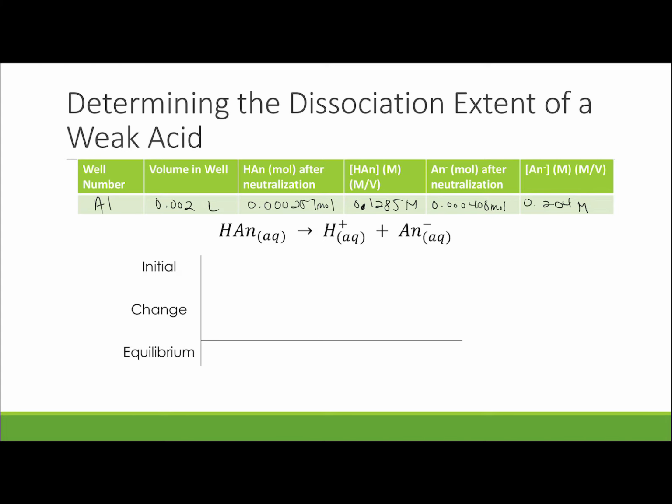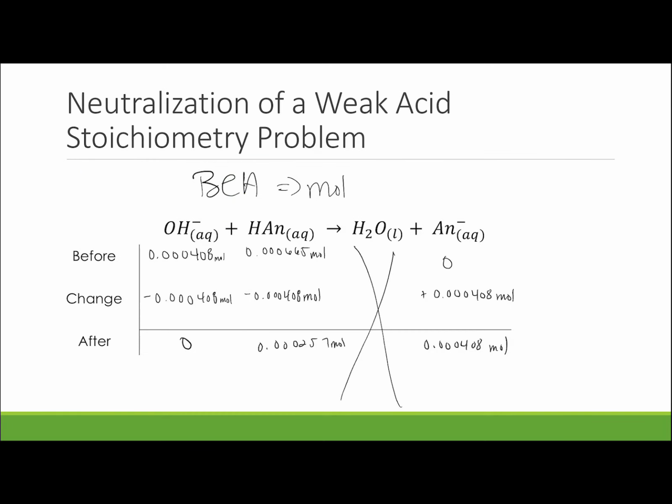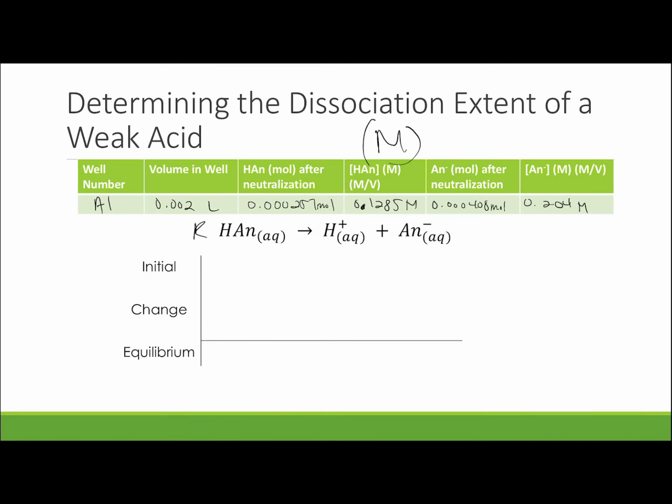We're going to then put this into an ICE table, or RICE table. So we're going to put our initial concentrations, so these have to be in concentration. Our RICE table is in concentration, BCA table moles. So our initial concentration of our weak acid after neutralization is 0.1285.